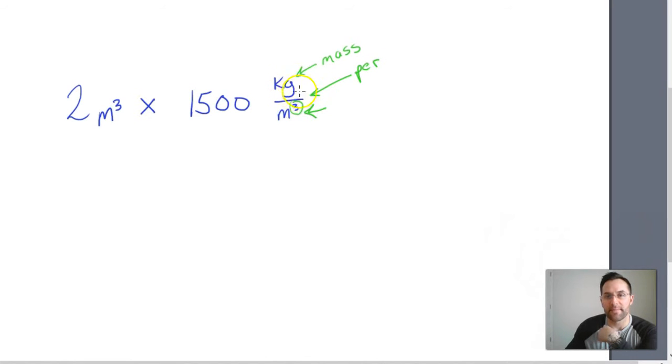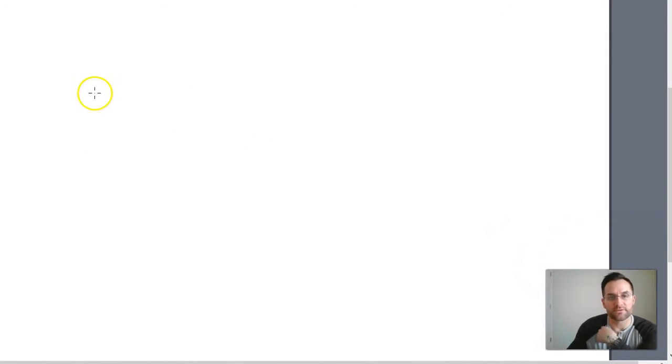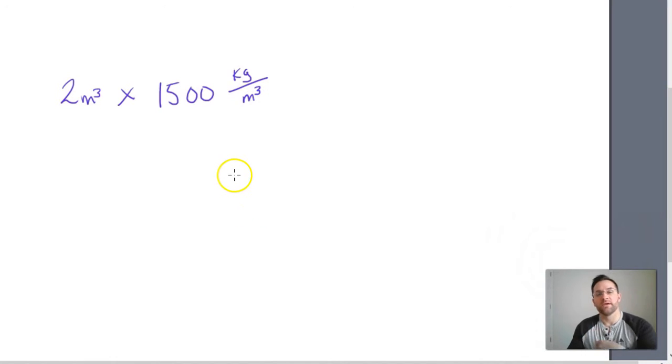So we have a certain amount of mass per the volume, per meter cubed, okay? So let's clear that out, and we'll rewrite that a little cleaner. So again, it was 2 meters cubed multiplied by 1,500 kilograms per meter cubed. Okay, so we can easily see that 2 times 1,500 is 3,000, right?